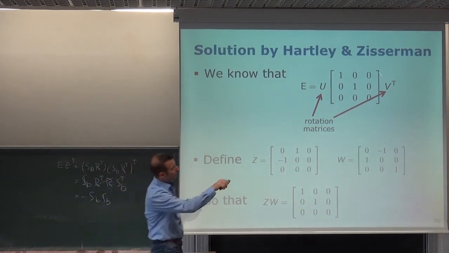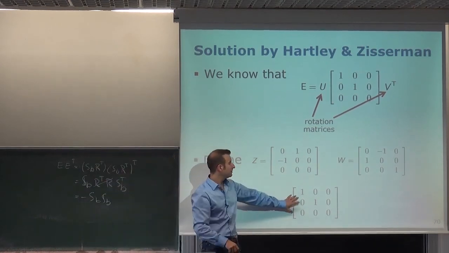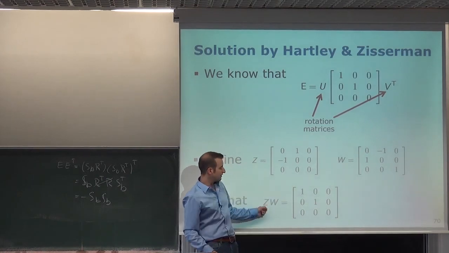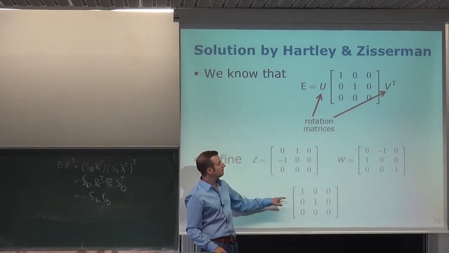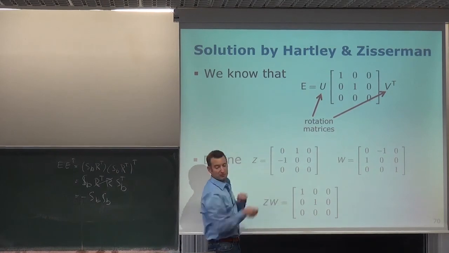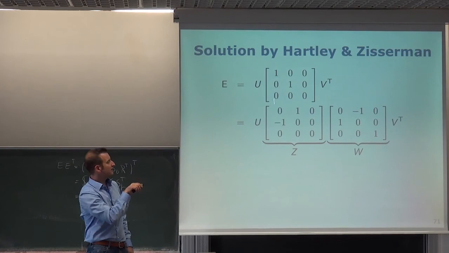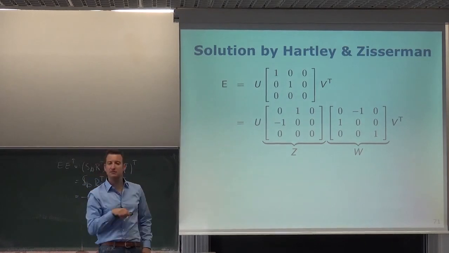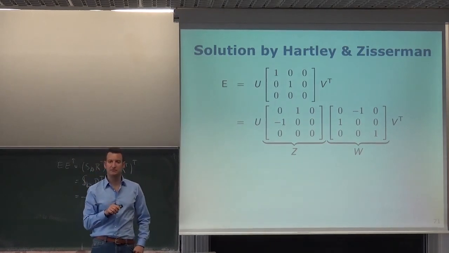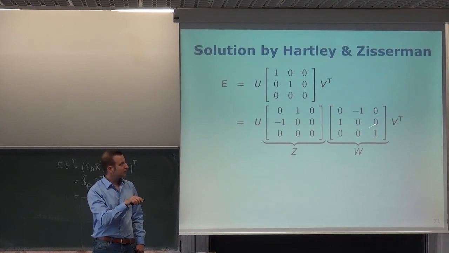So I take this essential matrix and say, okay, this block over here can be written as ZW, because the product of these two guys gives me exactly 1, 1, 0 on the main diagonal.